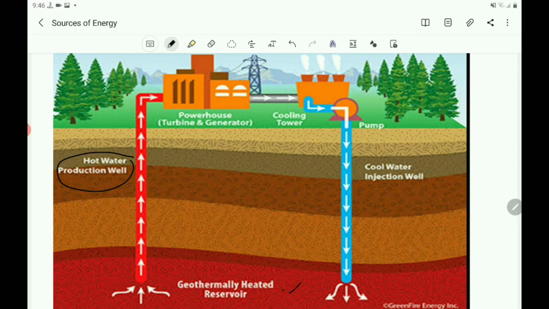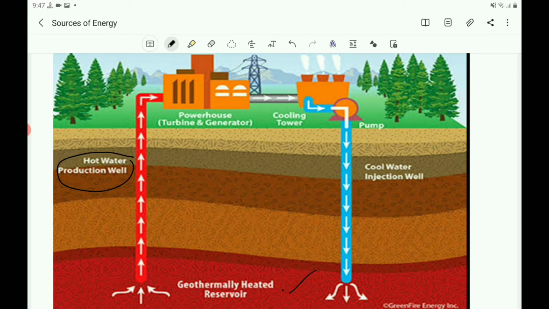This is a geothermally heated reservoir, which is nothing but the hot spot. Sometimes hot water from that region finds outlets at the surface. Such outlets are known as hot springs.